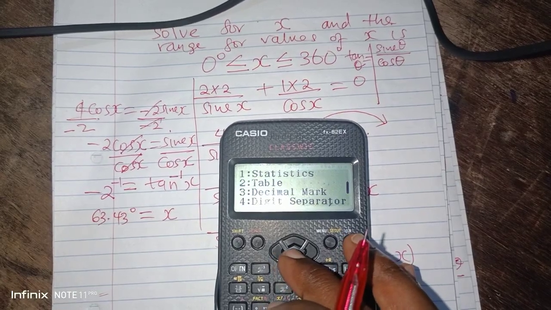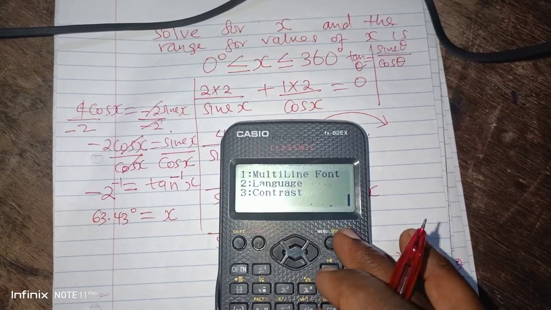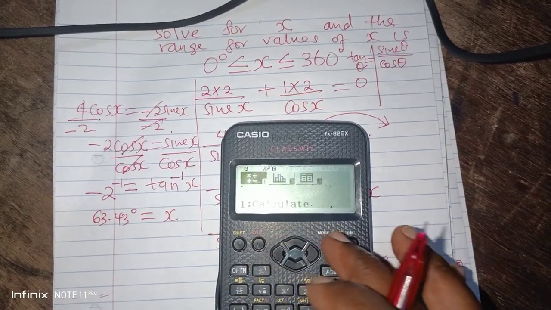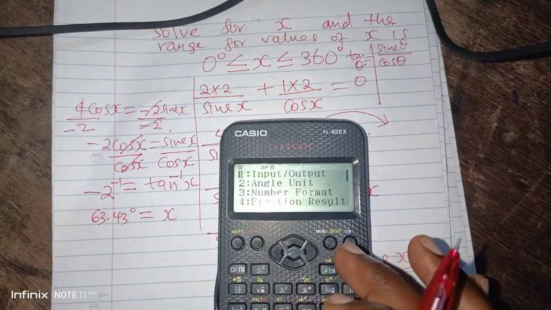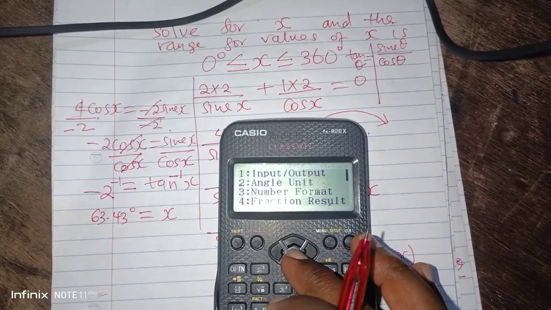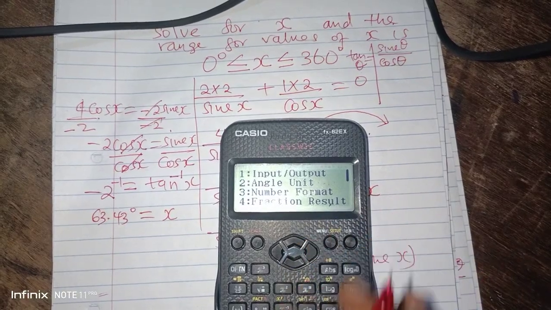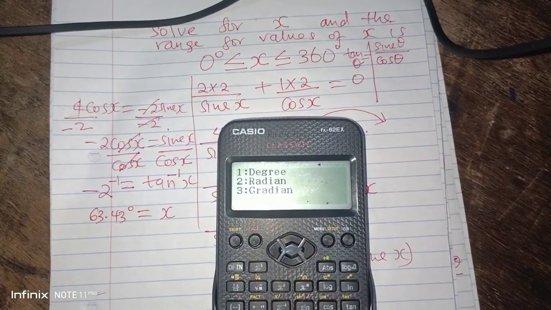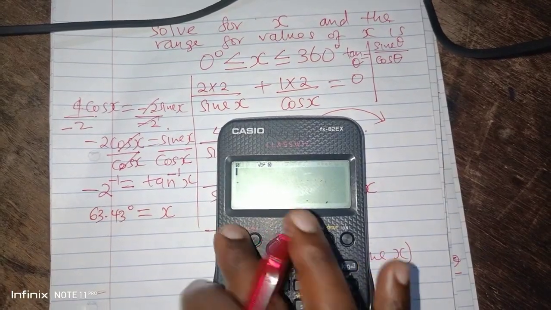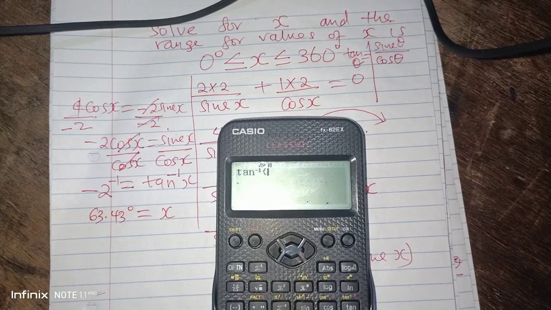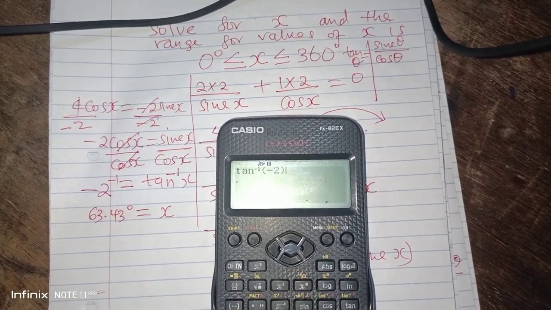Very good. So I want my answers to be in degrees. Also number format. Okay, angle unit, fine, 2. So degree, correct. So shift tan of -2.